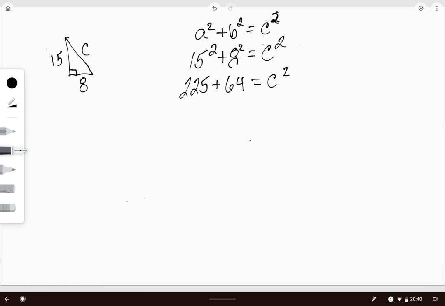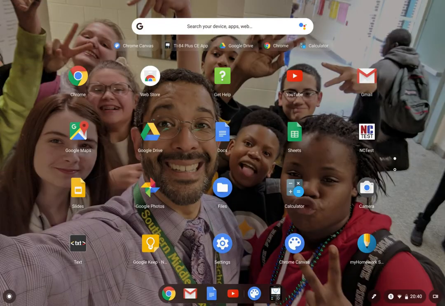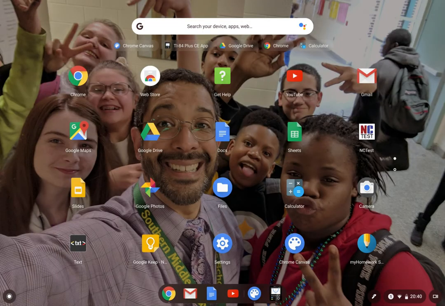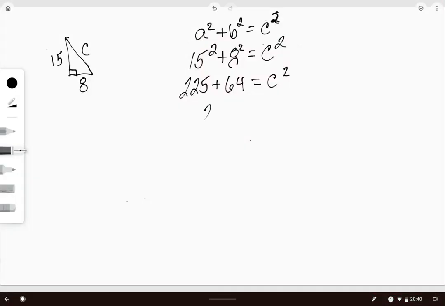So now when I add 225 plus 64, I get 289, which equals c squared. So at this point, I take the square root of both of these numbers.